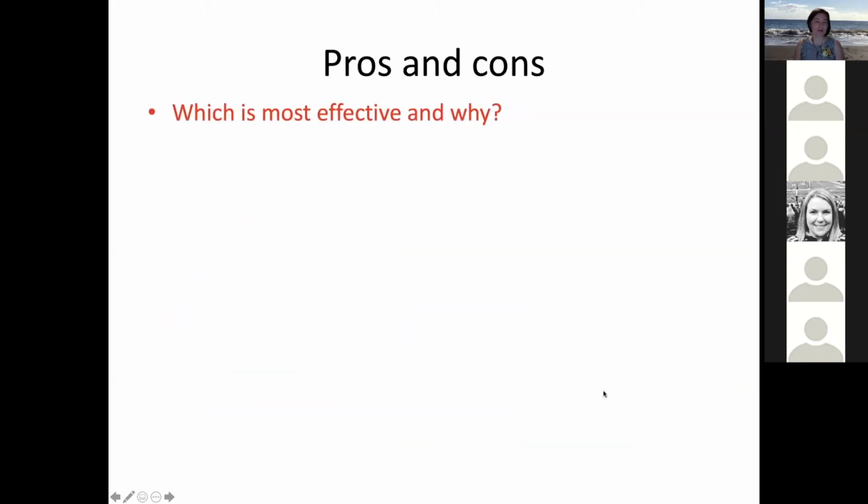Okay, a couple more things. Of the types that we've just described, which one is the most effective? Just answer this first part in the chat. Which is most effective? And then we'll do a raise your hand for the why. Yes, the attenuated whole agent is the most effective, typically.